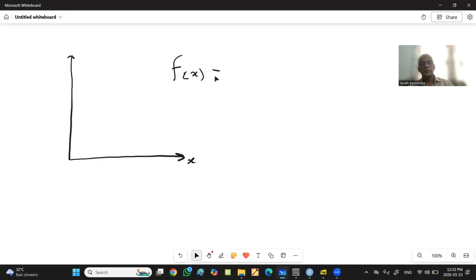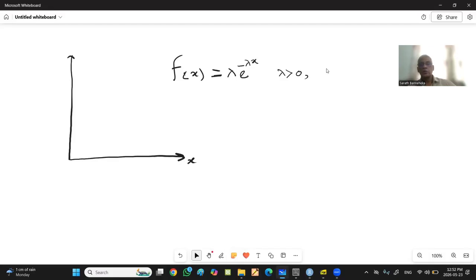So I'm sure you remember the shape of an exponential distribution, right? So for the exponential distribution, the density function is f(x) equal to lambda e to the power minus lambda x, where this lambda has to be a number greater than 0.